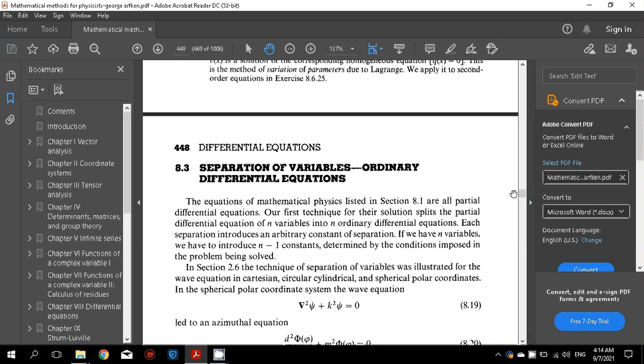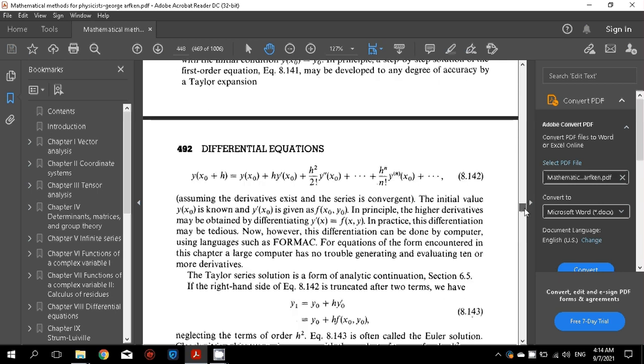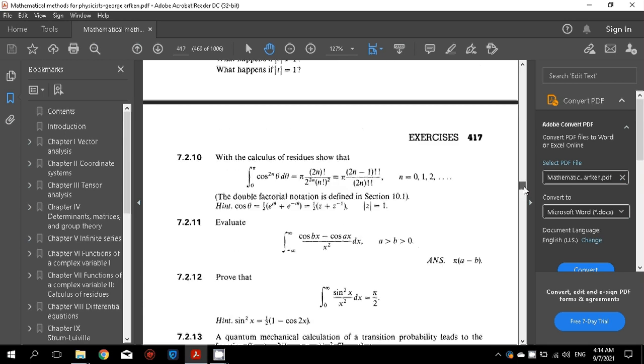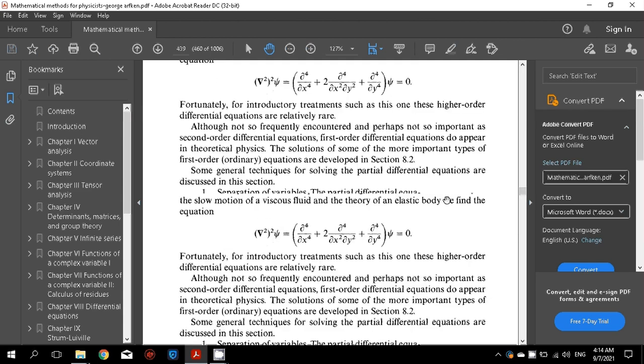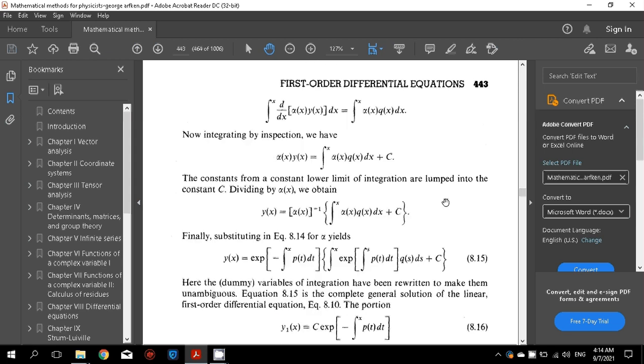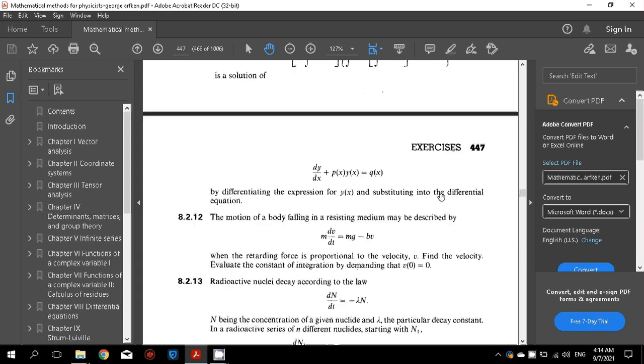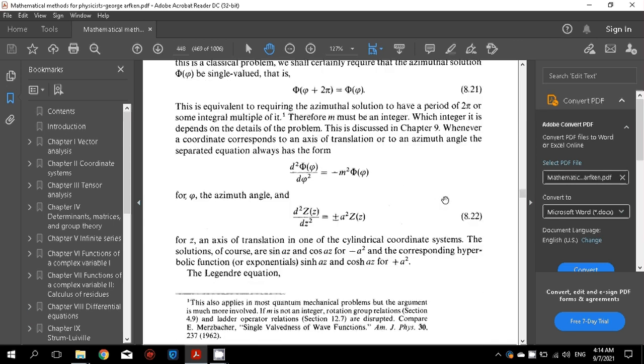So the phi part of this equation, as you will see from my notes, is this equation: d2 Phi over d phi squared, the second derivative of capital Phi with respect to the spherical coordinate phi, is equal to minus m squared Phi.